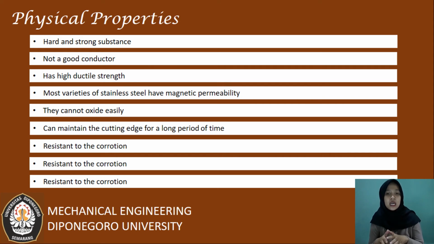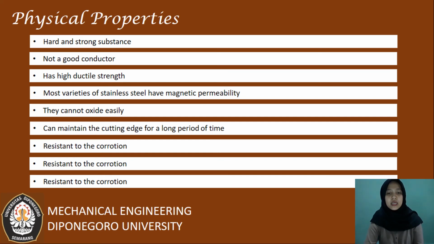It means it can be easily shaped, bent, or drawn into wires, and many varieties of stainless steel have magnetic permeability, meaning they are attracted to magnets.